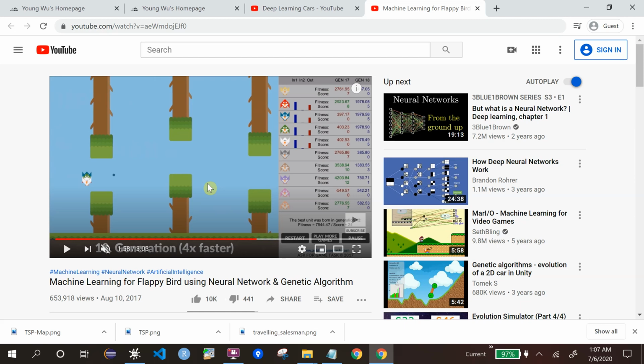So mutation is kind of obvious. We just randomly change a weight in the neural network. And crossover, I think what they are doing is just combining some of the weights from one of the parents and some of the weights from the other parent to create one child bird.